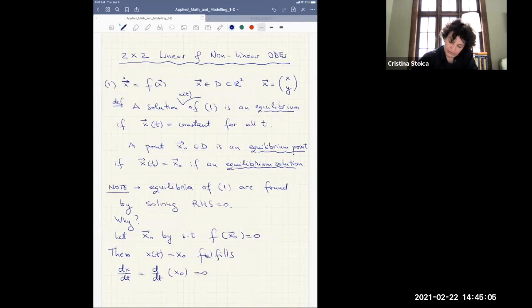So this is the left-hand side. And then we have f of x naught equals 0. This is the right-hand side. So there you go. This implies that the left-hand side equals the right-hand side of (1) for all t.